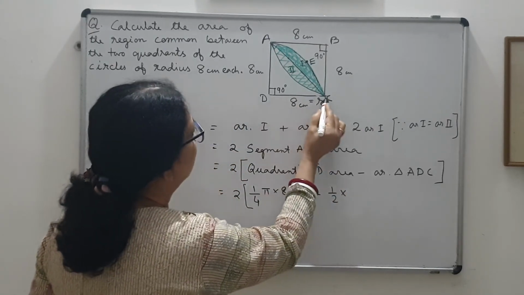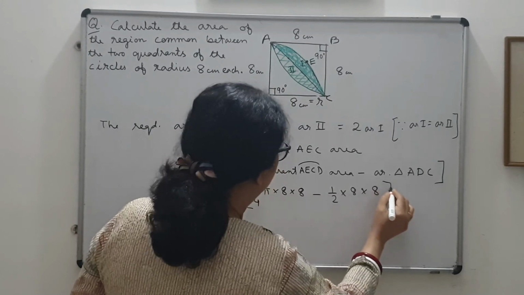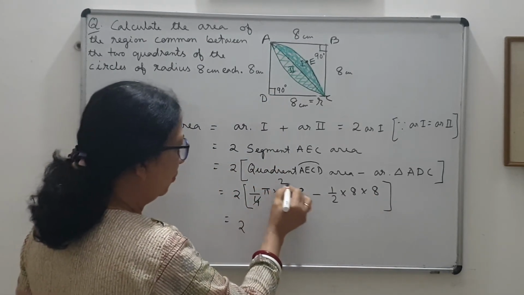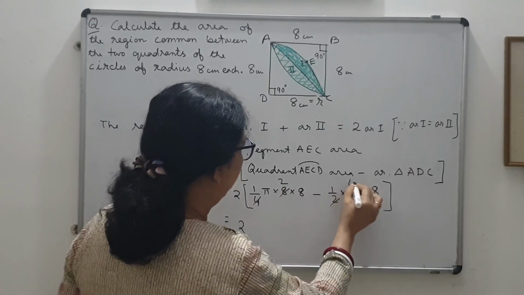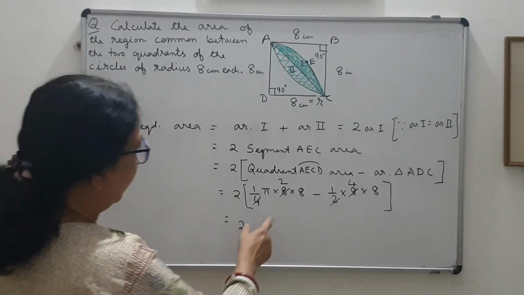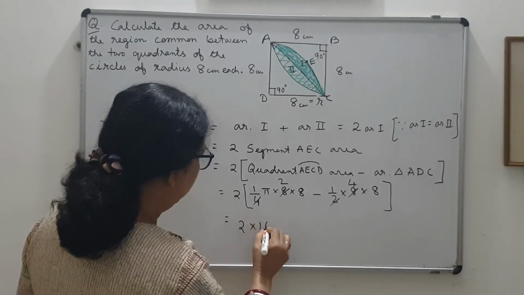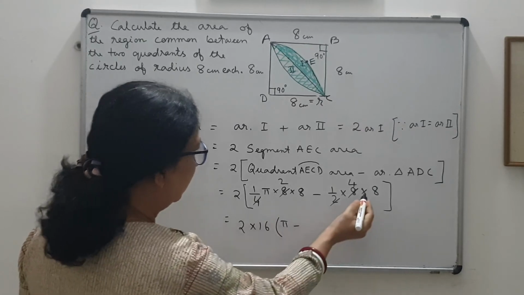Then this base is 8, altitude is also 8. So again it is 8 into 8. Fine. So now let me cancel out 2, here it is also 4. So now what can I take out common? You see, 16 can be taken out. If I take out 16, then pi minus 2 is left.